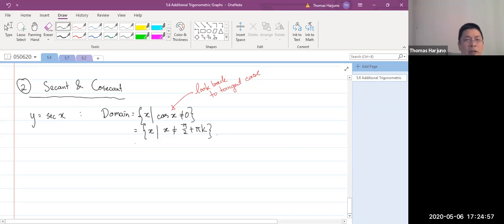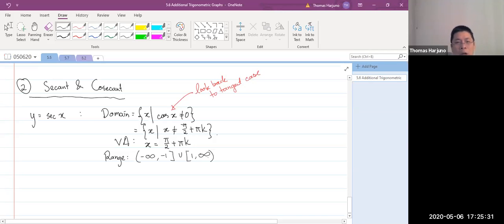That gives us the vertical asymptotes right away. The vertical asymptotes are all vertical lines where x is pi over 2 or a pi multiple of that. Now, the range is interesting. How to deal with the range? You will see that the range will be from negative infinity to negative 1, union 1 to infinity.